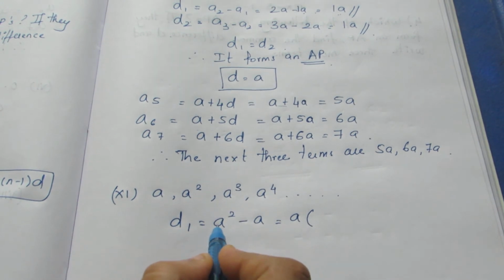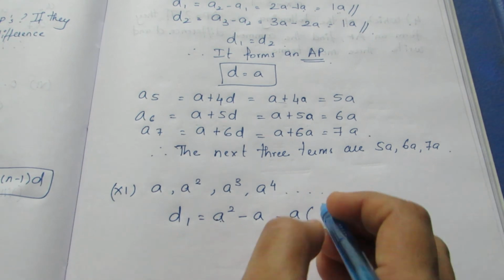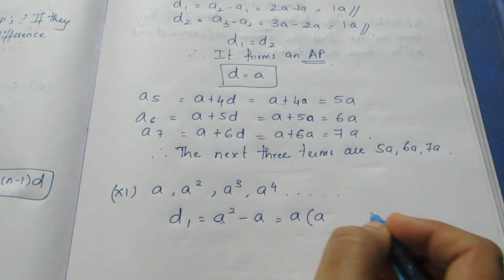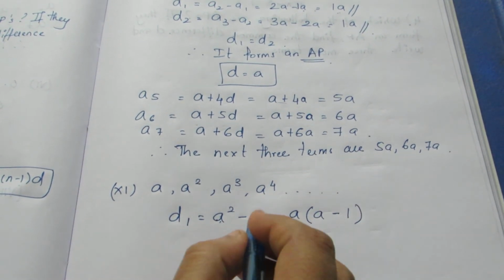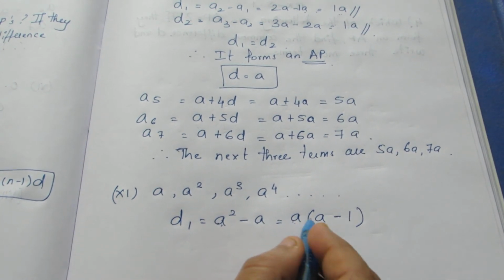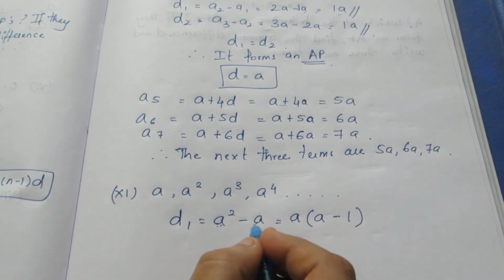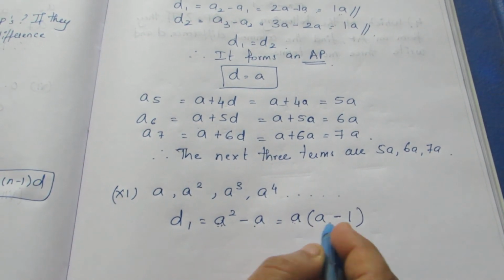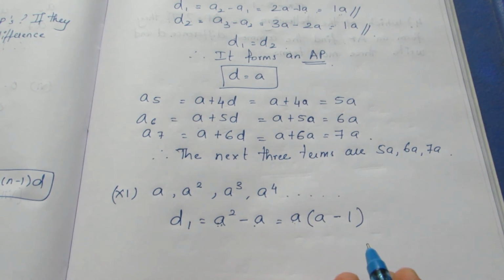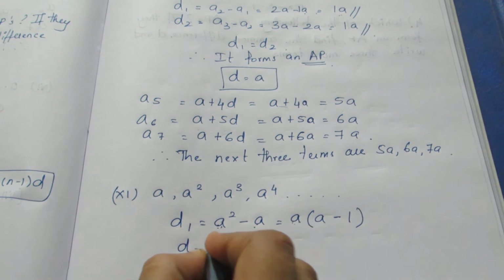Here you have A into A, so I have one A here, so I am taking it outside. Even this A comes out, here 1A will be inside minus 1, because there is no A, not a 0, it should be minus 1. If you multiply this 2, you need to get this. A into A will become A square, A into minus 1 will become minus A. So there is no change in taking A common outside. So this is D1.